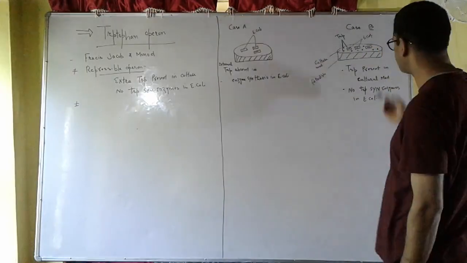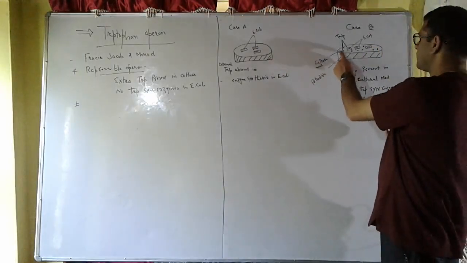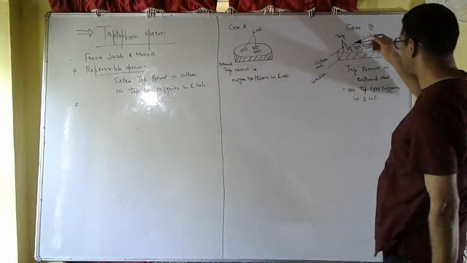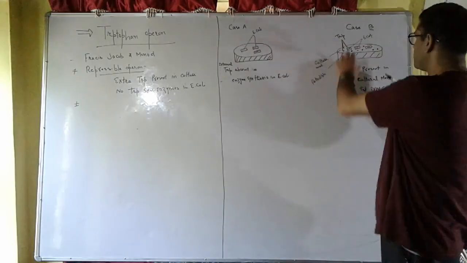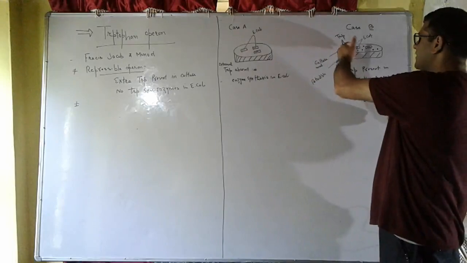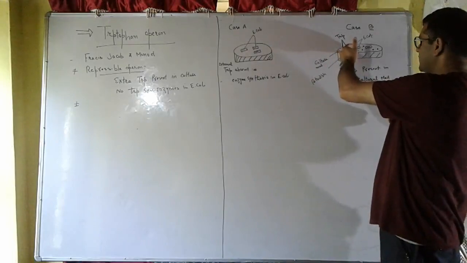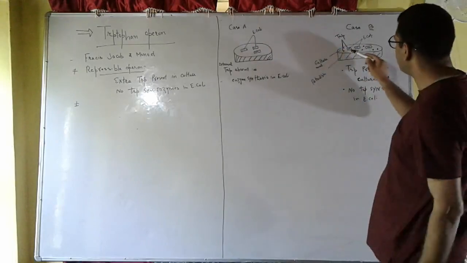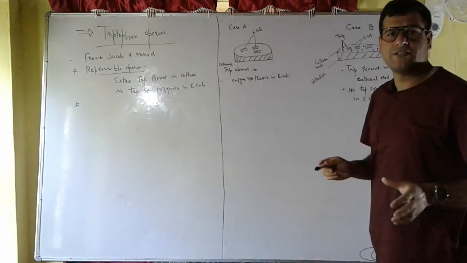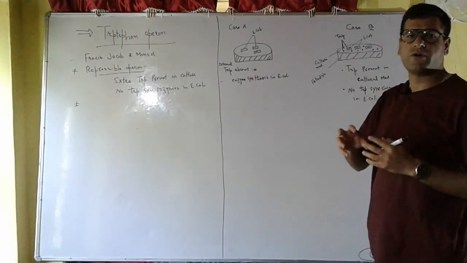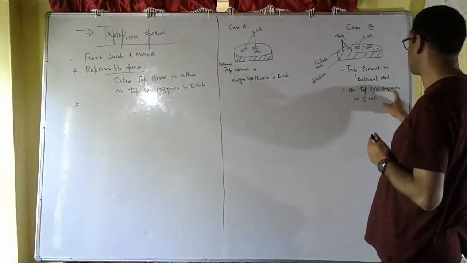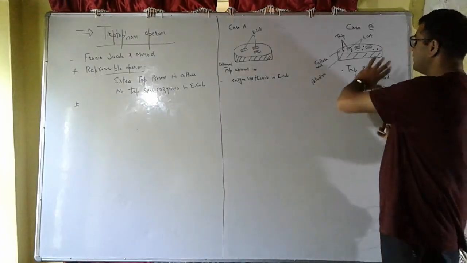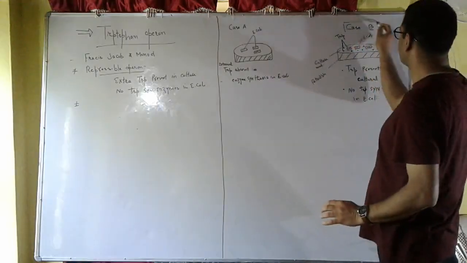So we have a petri dish, culture medium, E. coli, and tryptophan molecules. When tryptophan is added in the culture medium, we find no enzyme synthesis occurs in the E. coli. So no tryptophan synthesizing enzymes in E. coli. This is the second case.